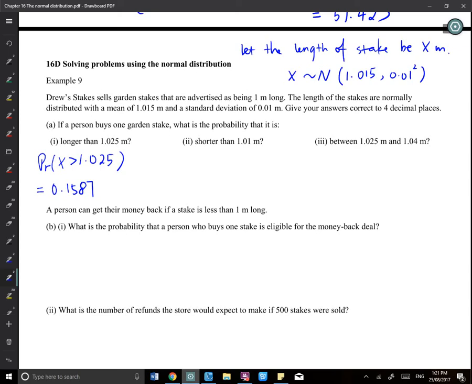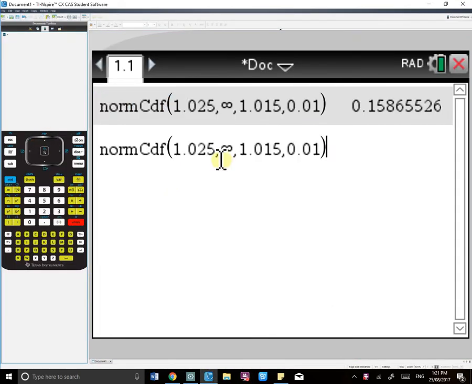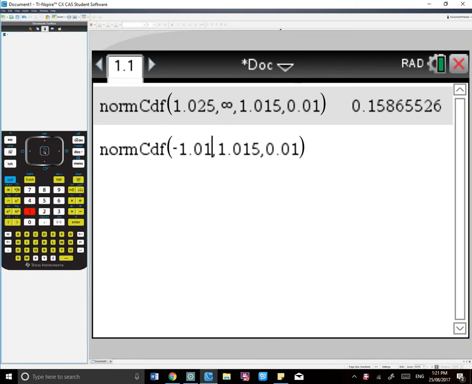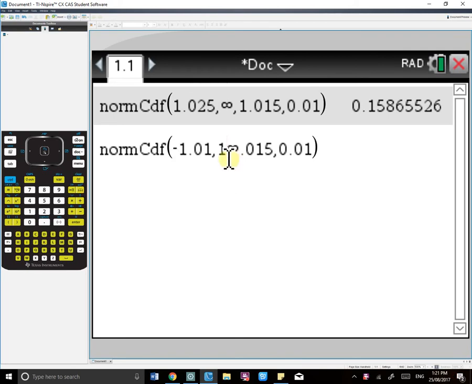So the probability x less than 1.01, I will keep that: minus infinity comma 1.01.